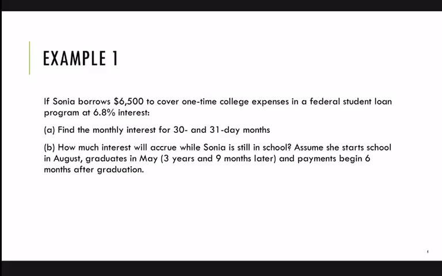We'll use the simplified daily interest formula, which was to multiply the principal times the rate and then divide by 365.25. And that's the daily amount.